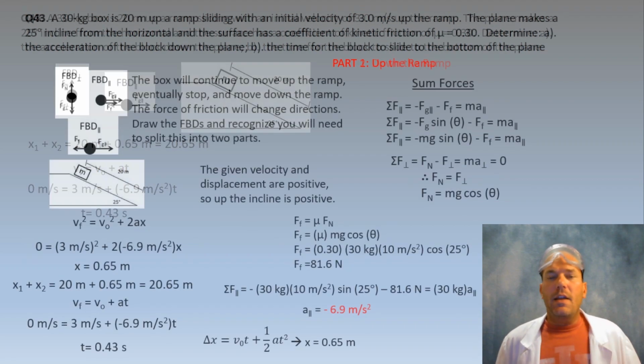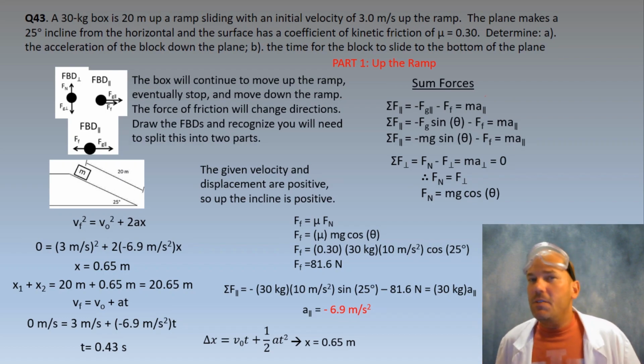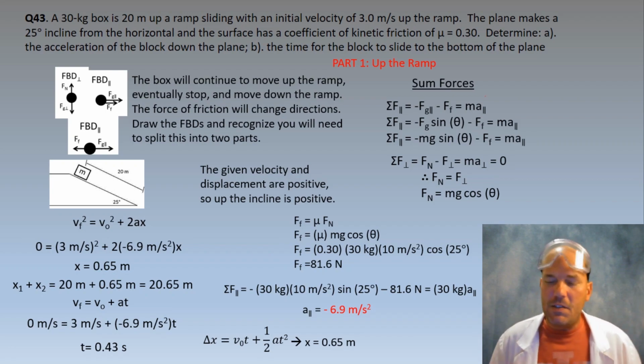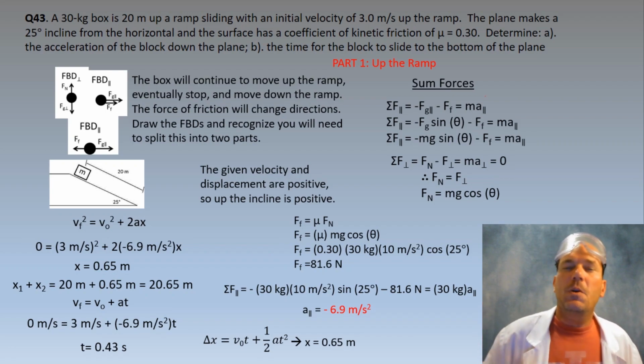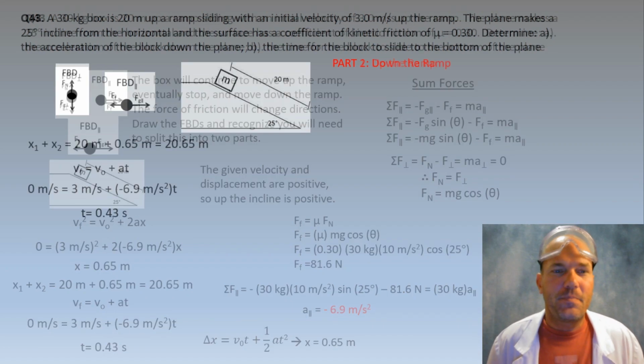And if we look at this again and you plug in any of your values that you have, you will confirm that x is equal to 0.65 meters. So using a couple different approaches to make sure as we move forward into part 2 of this lengthy problem.